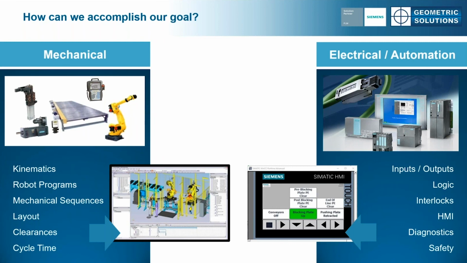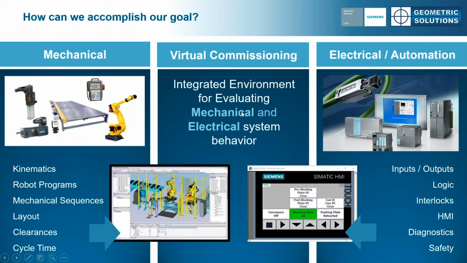We bring them together. And what does that give us but a digital twin? And a digital twin that we can do virtual commissioning on. So then we have this model that we can evaluate the mechanical and the electrical system behavior. Again, what are we talking about? We're talking about being able to have a machine, to have a product, and it doesn't have to fail.